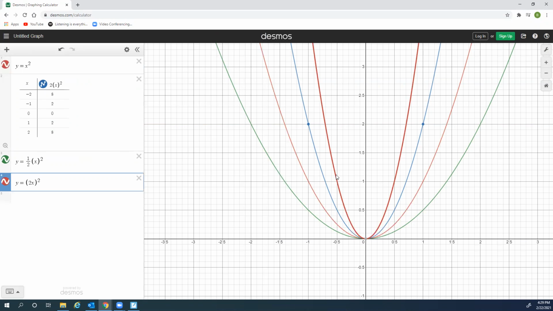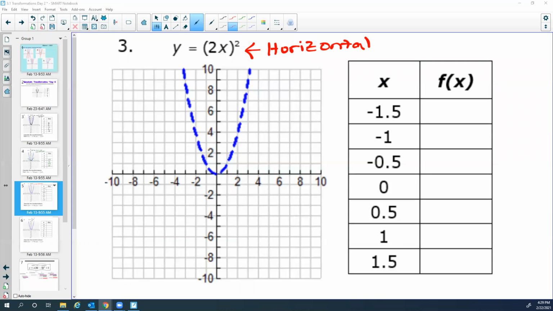Here's my new one. So before we called that a vertical stretch. But if I'm going horizontal this time, it would be a compression. So this is going to be a horizontal compression. The reason we know it's horizontal is because we're inside the parentheses.